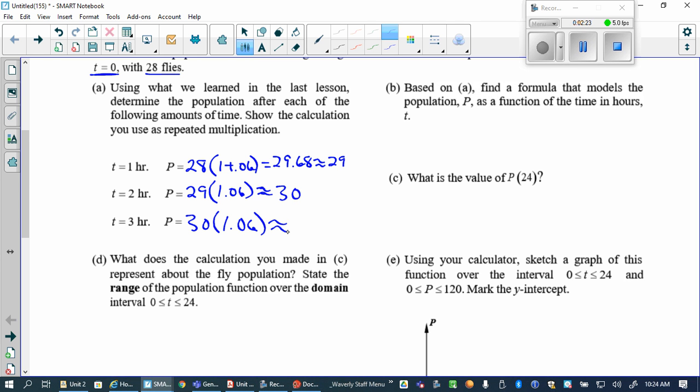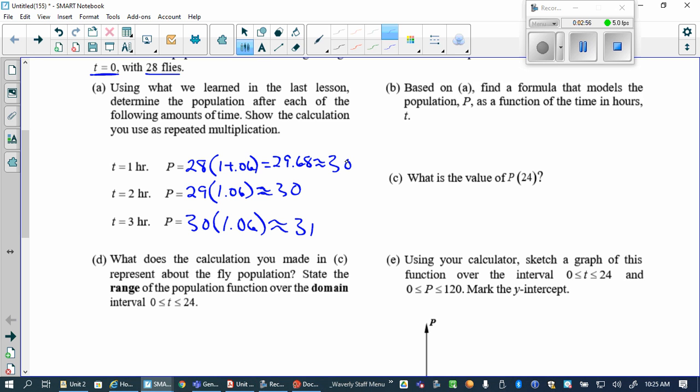Is it 31? So it's just going up by 1. Now, it might work a little differently when we get the exponential part in there. Let's just simplify this and call that 30, close enough for government work.